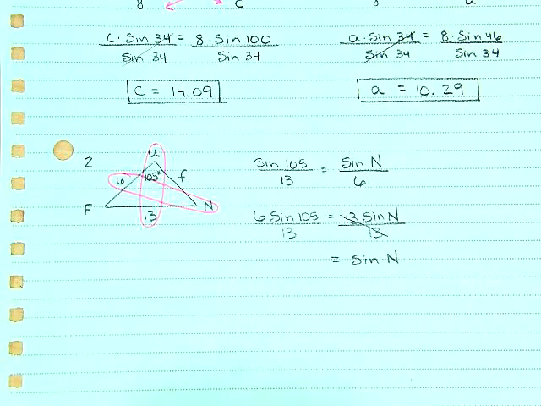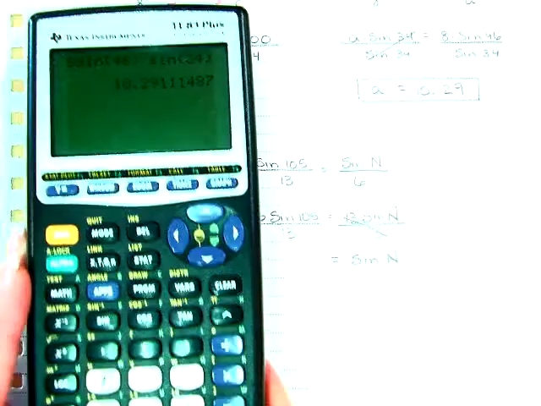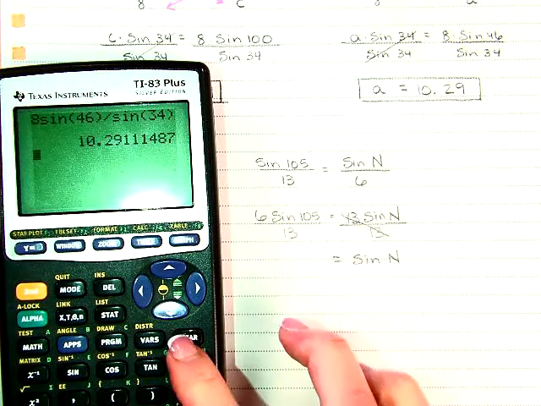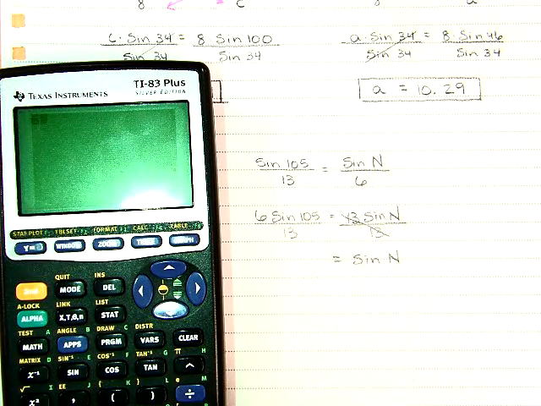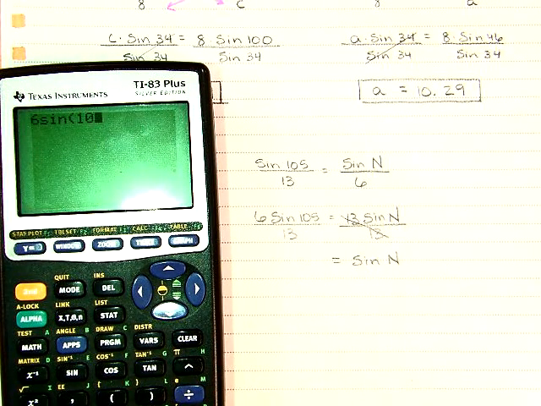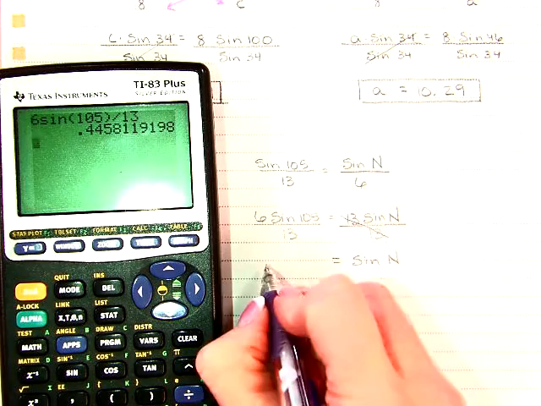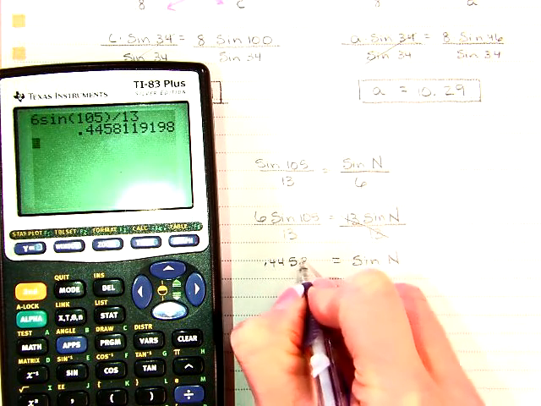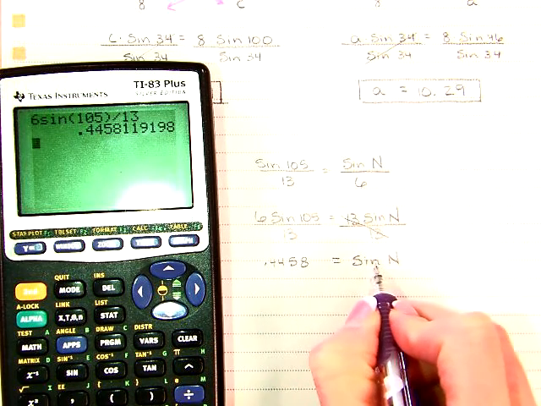So then I'm going to grab my calculator and I'm going to do 6 sine 105, close that, divide by 13, and I get, I'm going to go 4 decimal places here, 0.4458 is equivalent to the sine of N.